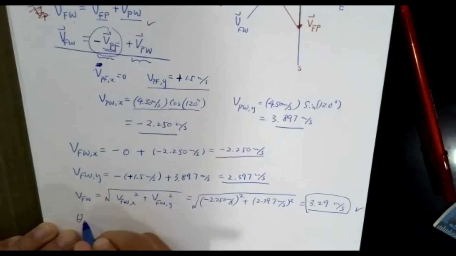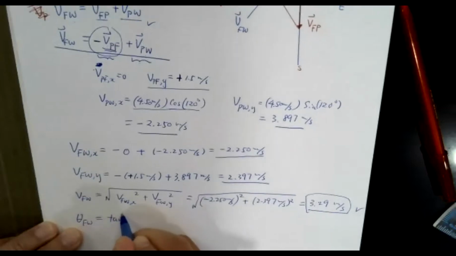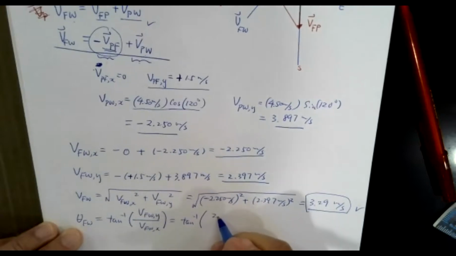The directional angle theta of the velocity of the ferry with respect to water, you are doing tangent inverse of the y component divided by the x component. So tangent inverse of 2.397 over minus 2.250.